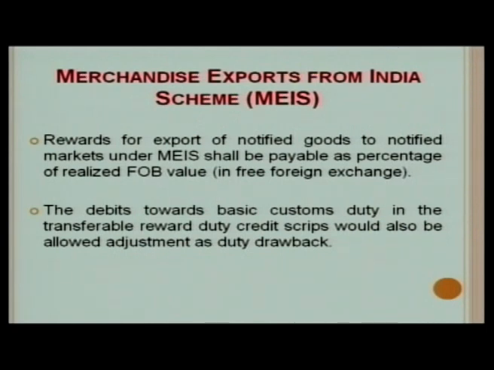Rewards for the exporters of the notified goods to the notified markets under MEIS shall be payable as a percentage of the realized FOB value. The debits toward basic customs duty in the transferable reward duty credit scrips would also be allowed adjustment as duty drawback. So, under different schemes, the adjustment is allowed in terms of the credit gained under the schemes.